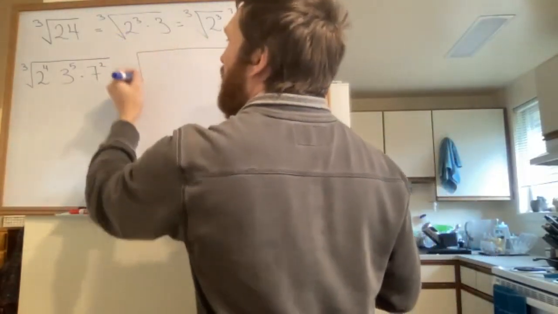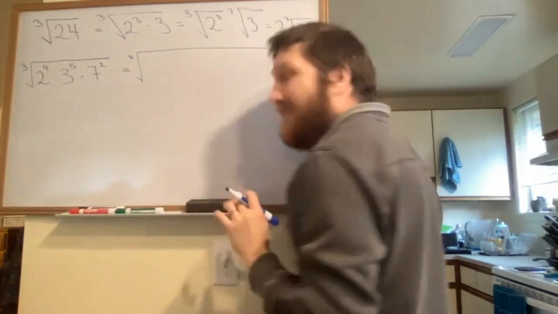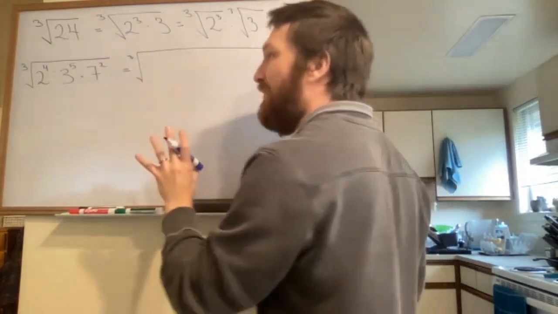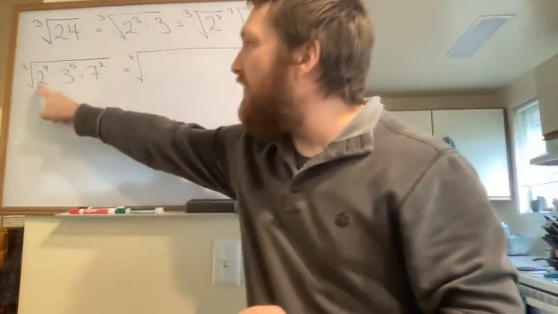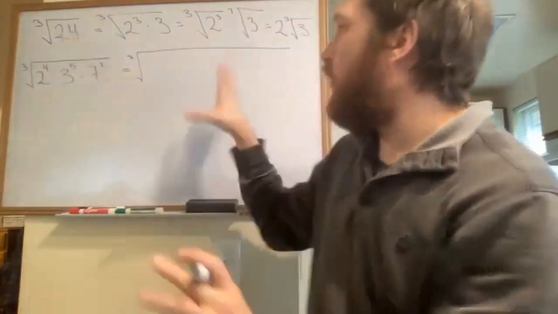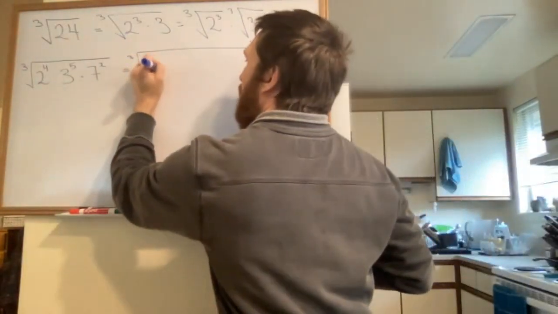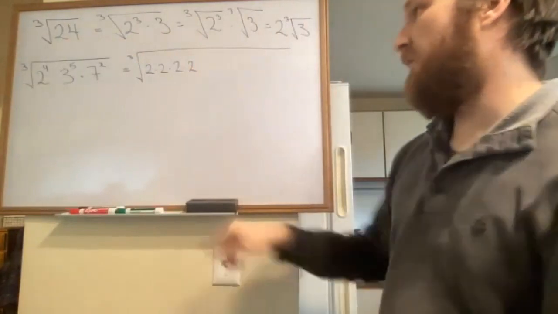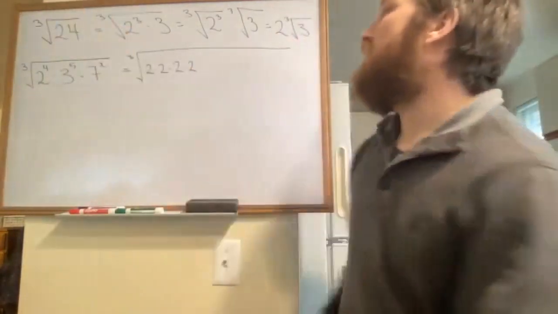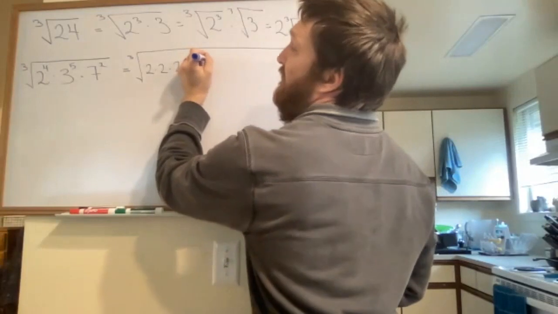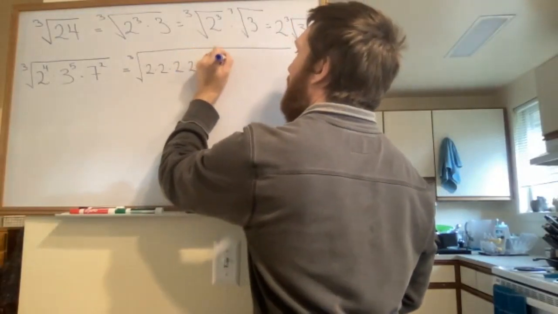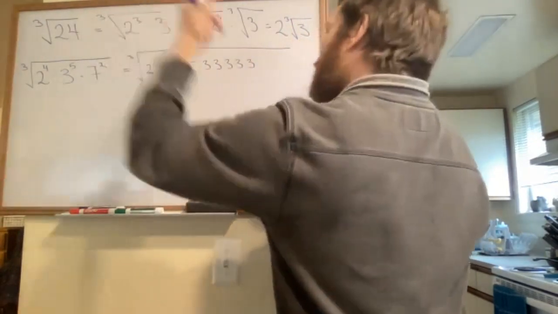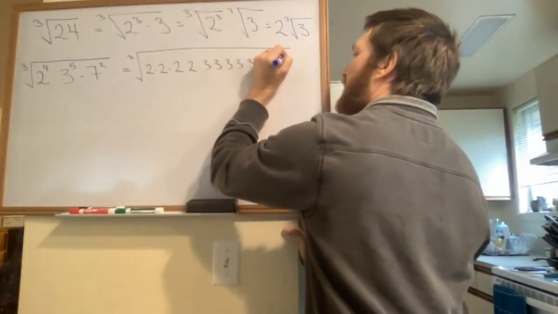This is a bit too much work, although to be honest, this is how I did it for a long time because I just don't trust myself with numbers. I wanted to see what this looks like. 2 to the 4th means 1, 2, 3, 4 2's all multiplied by each other. 3 to the 5th means 5 3's all multiplied by each other. Okay. 7 squared means 2 7s.